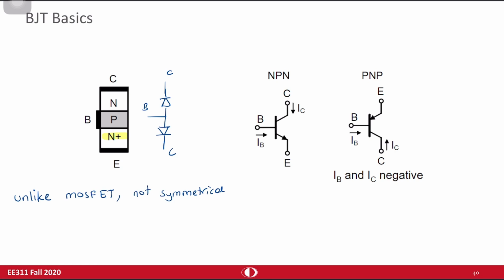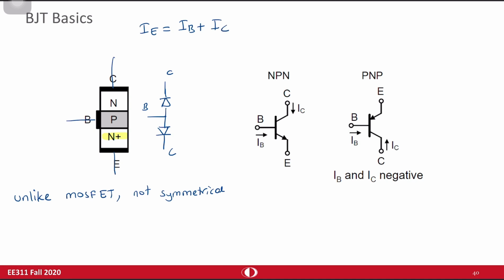For bipolar transistors, we have two types, NPN or PNP. For NPN, of course, emitter current is always equal to base current plus collector current.